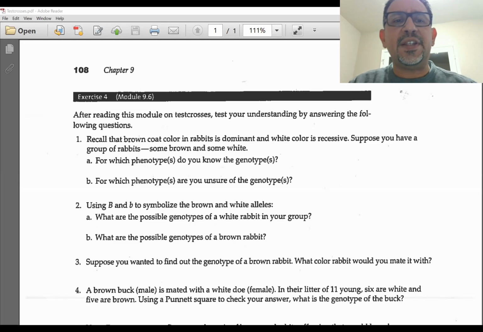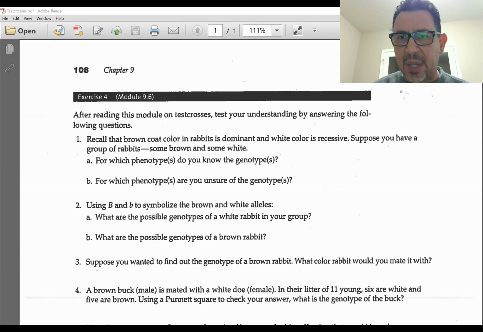Let's take a look at this scenario we have here. Number one, recall that brown coat color in rabbits is dominant and white color is recessive. Suppose you have a group of rabbits. Some are brown and some are white. The first question is, for which phenotype do you know the genotype?